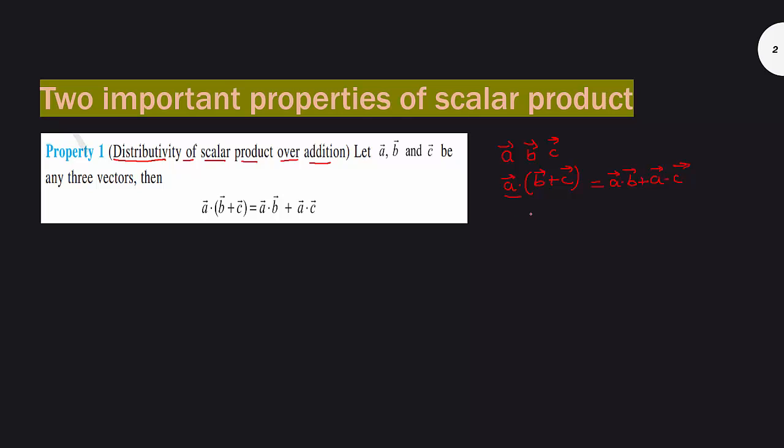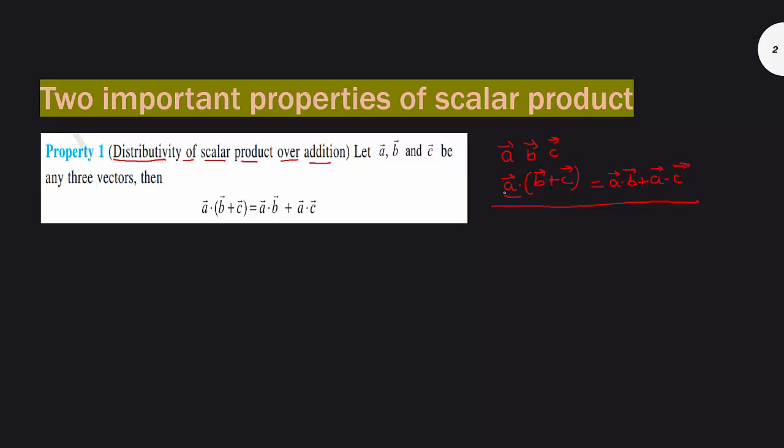Clear? So very simple, scalar product distribution over addition. You have to remember this. Clear? Please remember, that is the distribution of scalar over addition.